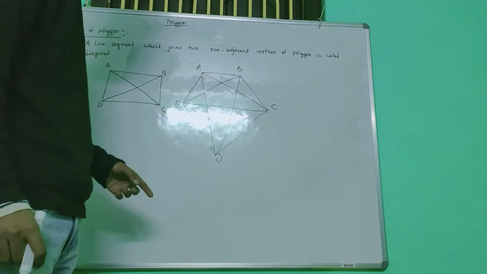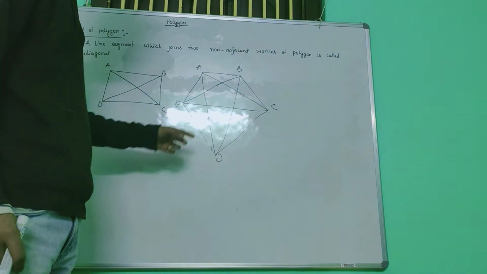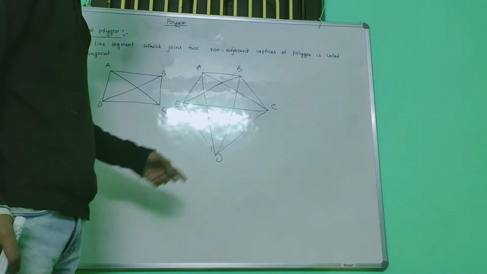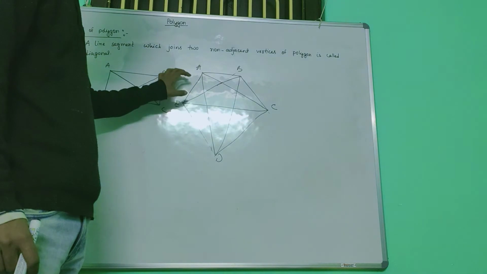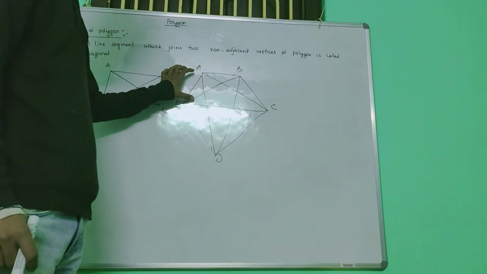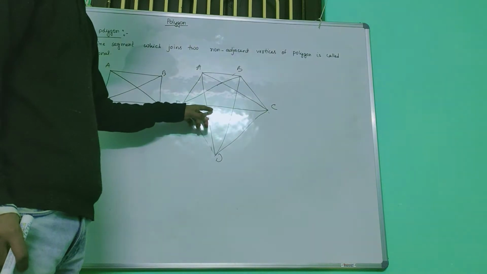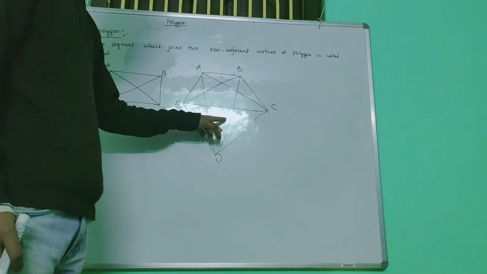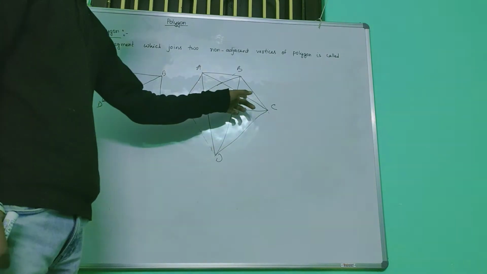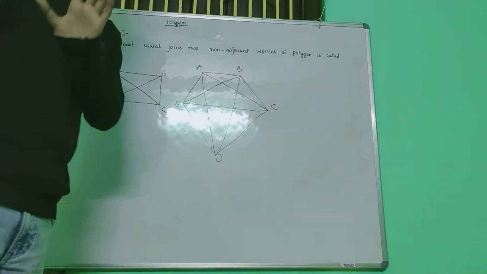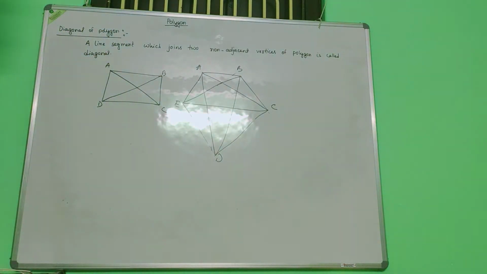5, 6. 1, 2, 3, 4, 5. Yeah, total 5 diagonals are there.